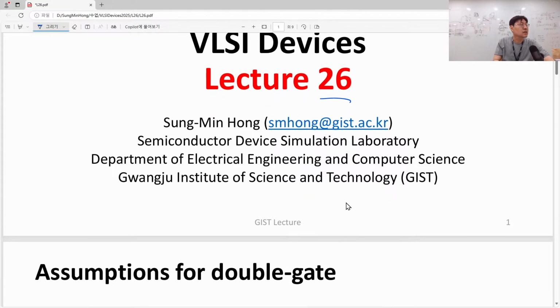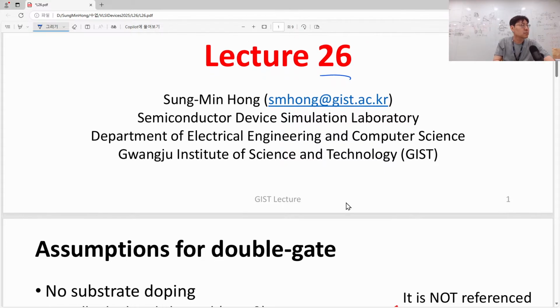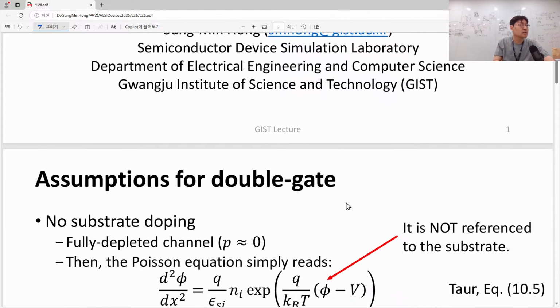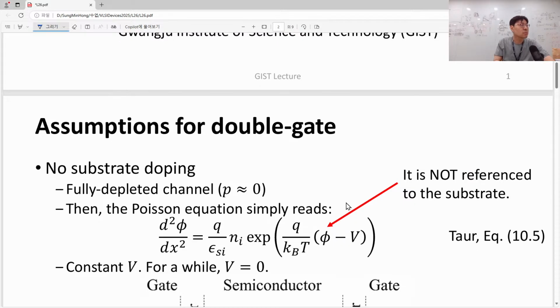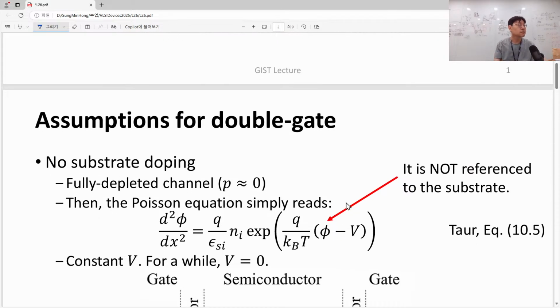The final lecture, lecture 26, will be devoted to the double gate, but not the entire model for the double gate MOSFET.